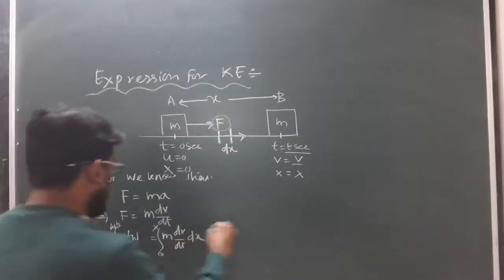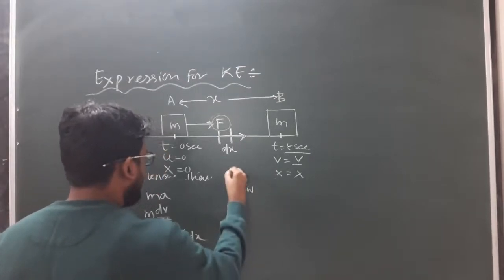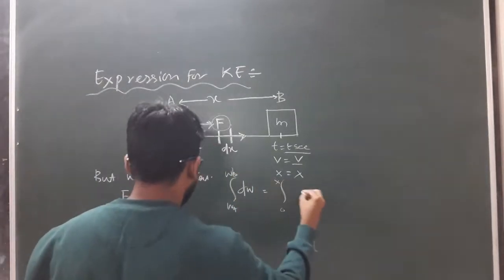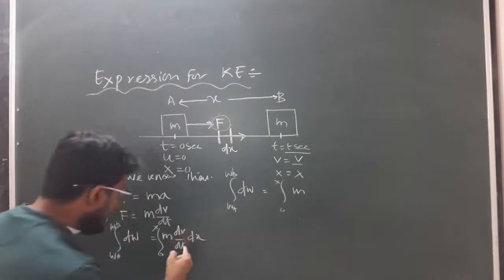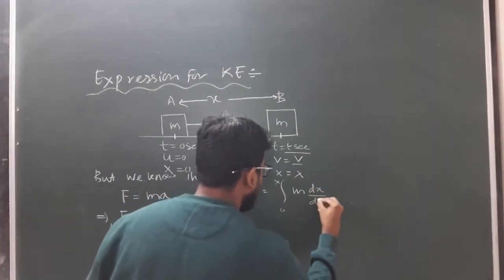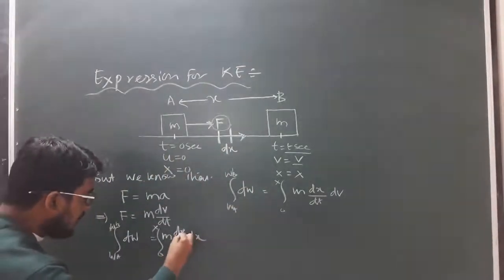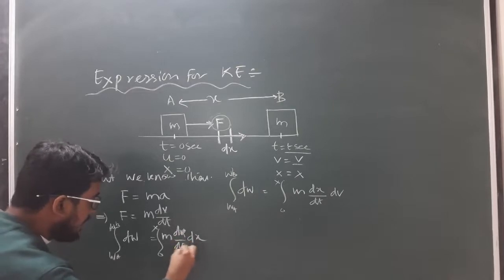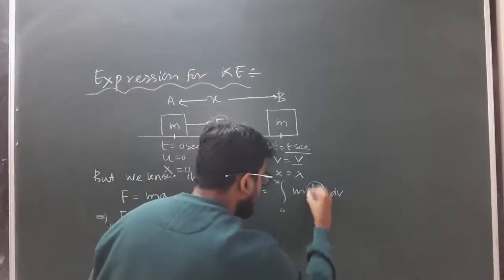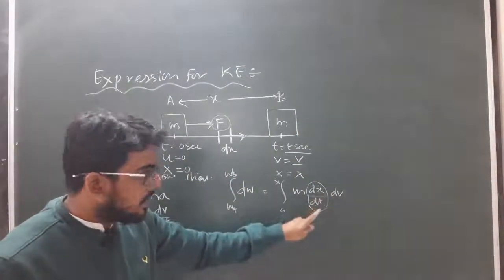This can be written as the integration of dw from A to B is equal to the integration from 0 to x of m dv by dt dx, and we can rearrange this as dx by dt into dv. Clear? What is dx by dt? Change in position with respect to time, that is dx by dt represents what?